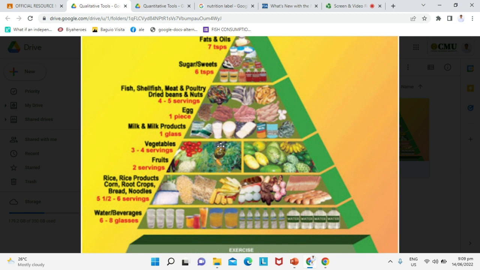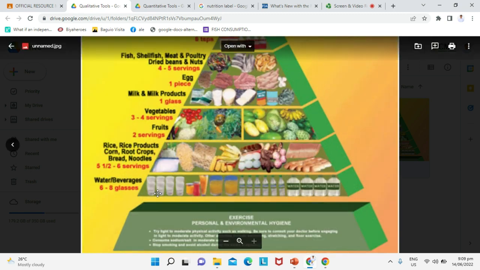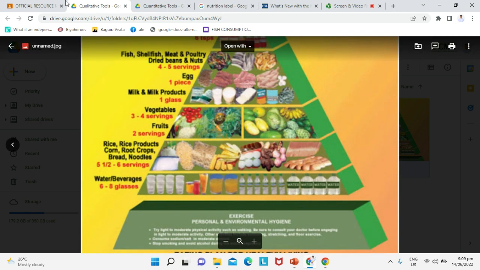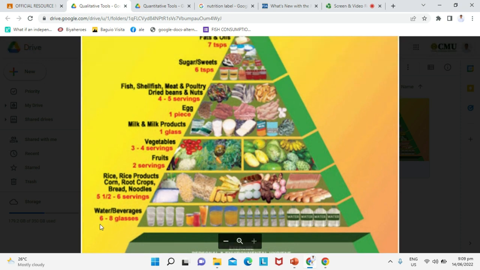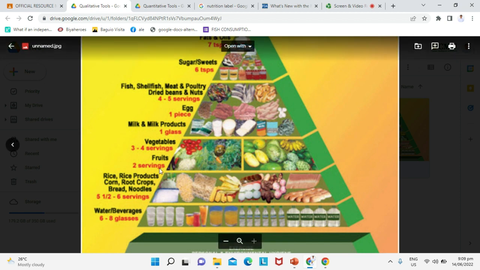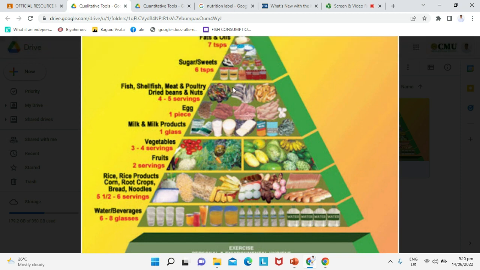This is on a per day basis, just like your Pinggang Pinoy. So per day you need 6 to 8 glasses of water or beverages, and then 5.5 to 6 servings of these food items, and fruits, vegetables, and so on.